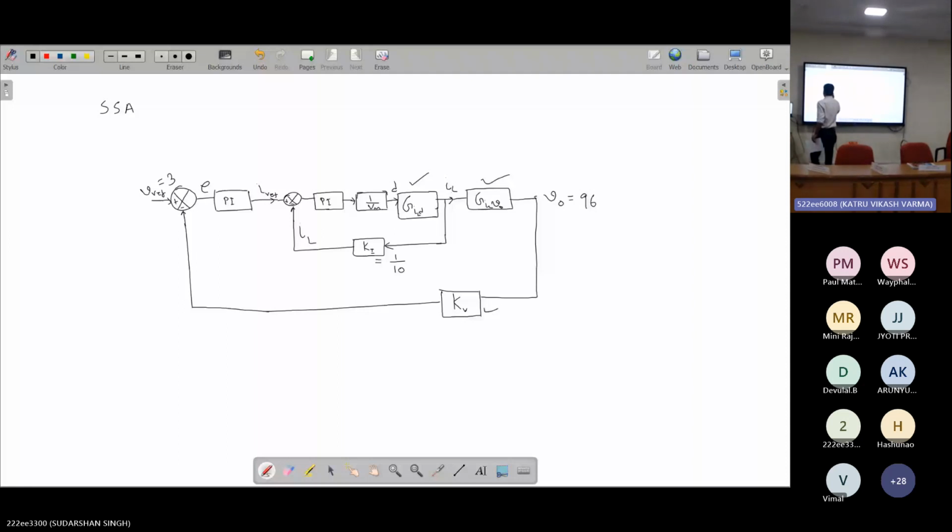Using the state space averaging technique, you can find out GV0D, which is the transfer function between output voltage and the duty ratio. Sorry, I should not write S like this.